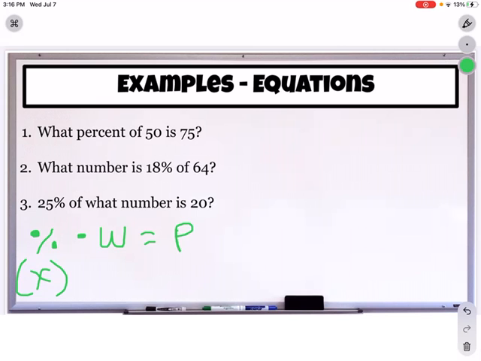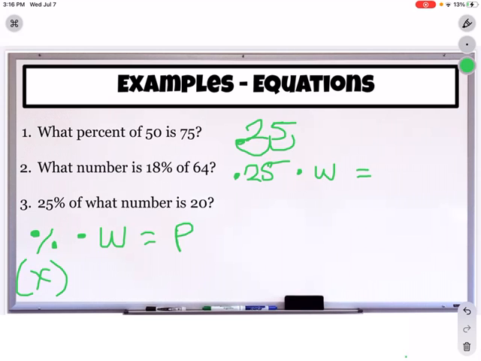So what I'm going to do for this is 25%. I'm going to make that 2 places to the left. So that is 0.25 of what number? So I'm just going to leave that as W.